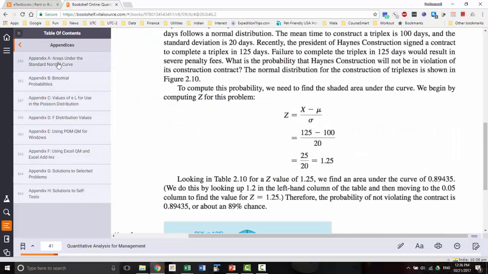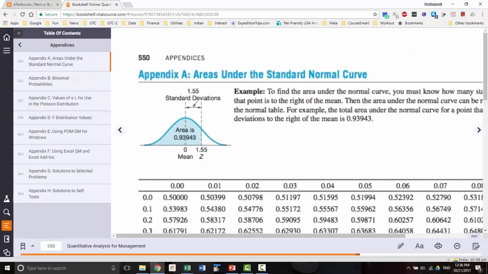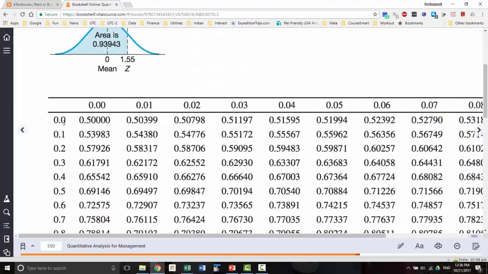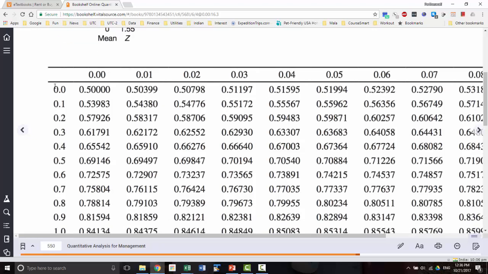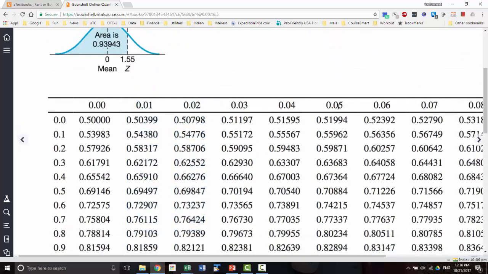The normal table is in the appendix, and also it's in the chapter. So here, the integer part of Z and the first decimal place is given in the column. The second decimal place is across the row at the top. So we want 1.25, so you have to go to 1.2 and then go to this column.